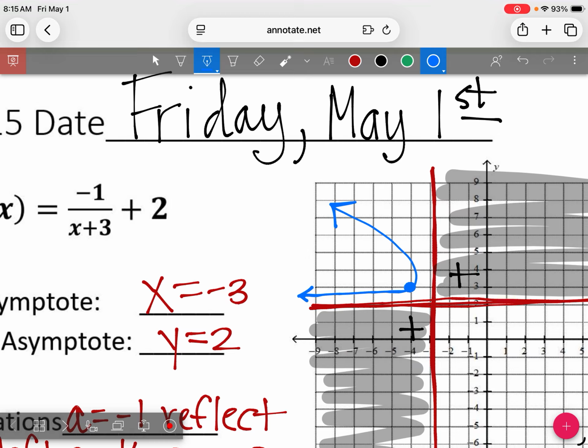Yes. You have to stay as close as possible to those asymptotes when you're graphing. This is way too far away. So when you're graphing it, you should be as close as you can get without going over it. Make a slight turn and stay as close as you can.